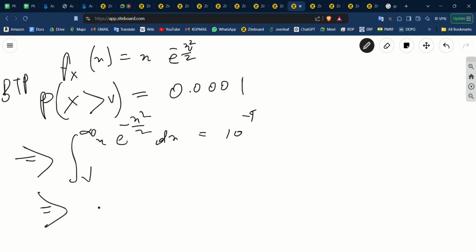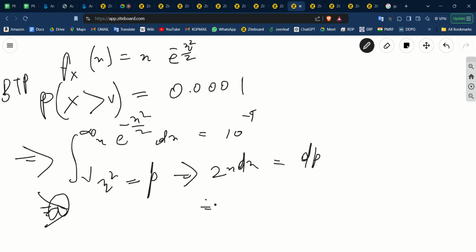Now we have to do an integration of x e to the power minus x square by 2. So we just put x square as some variable p, which implies 2x dx equal to dp, which implies x dx is equal to half dp.